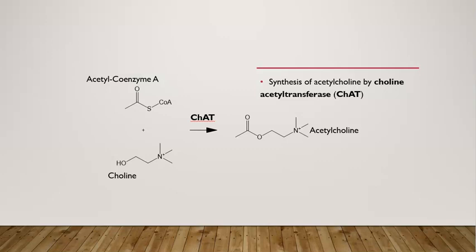So we make antibodies that target CHAT itself, and then boom, any neuron that lights up afterwards we know contains CHAT and therefore is a cholinergic neuron, because neurons that do not contain CHAT cannot create acetylcholine. So synthesis: acetyl coenzyme A plus choline, using CHAT, equals acetylcholine.